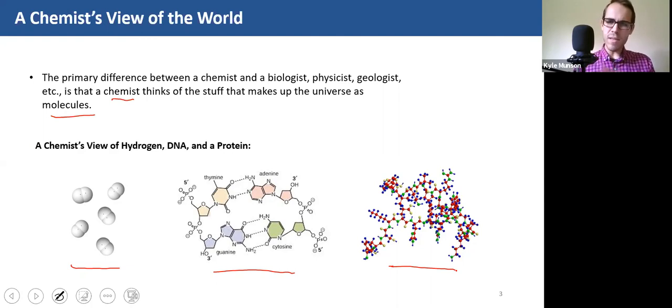But I just want you to get the idea of how a chemist thinks, that these things, like a protein, are comprised of elements that bind together to form these bigger subunits, or in other words, molecules. Okay, so these elements are coming together to form a DNA molecule. So that's how we're going to think.